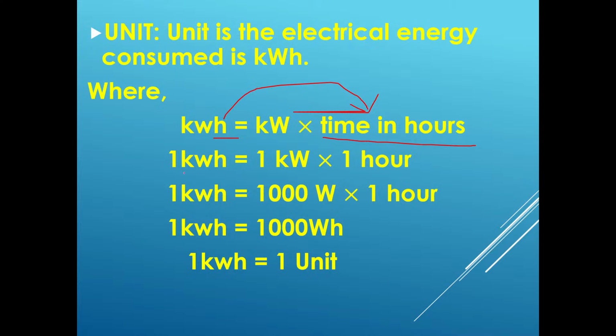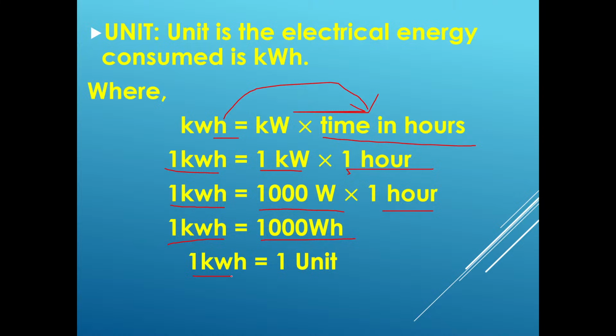So 1 kilowatt hour is 1 kilowatt into 1 hour. Kilo means 1000, so 1000 watt into 1 hour, which you can write as 1000 watt hour. So 1 kilowatt hour is 1000 watt hour.